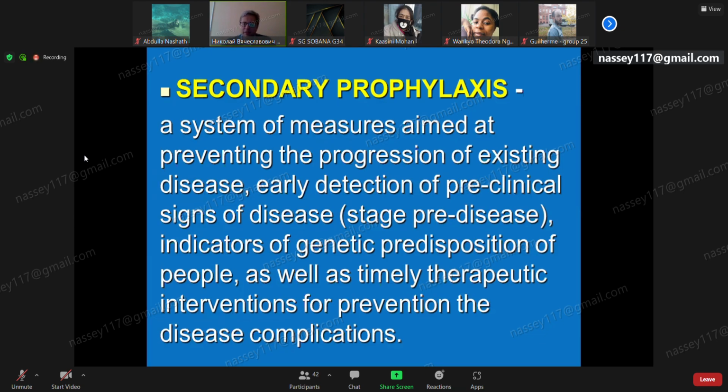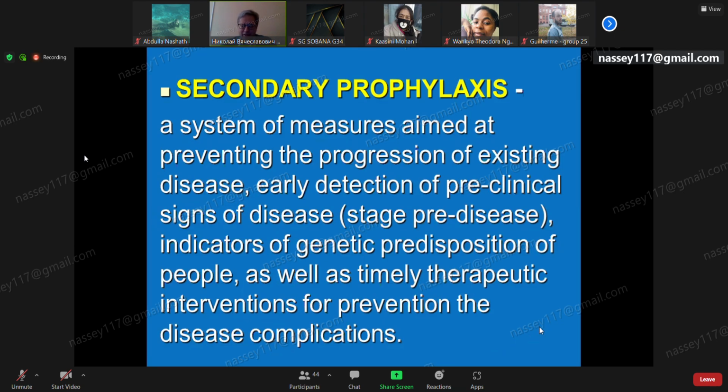For example, secondary prophylaxis of coronary artery disease should be oriented on timely prevention of myocardial infarction by an effective hypolipidemic diet, by constant intake of hypolipidemic medications, statins, and by an adequate healthy lifestyle, avoiding harmful habits, and enough physical activity.